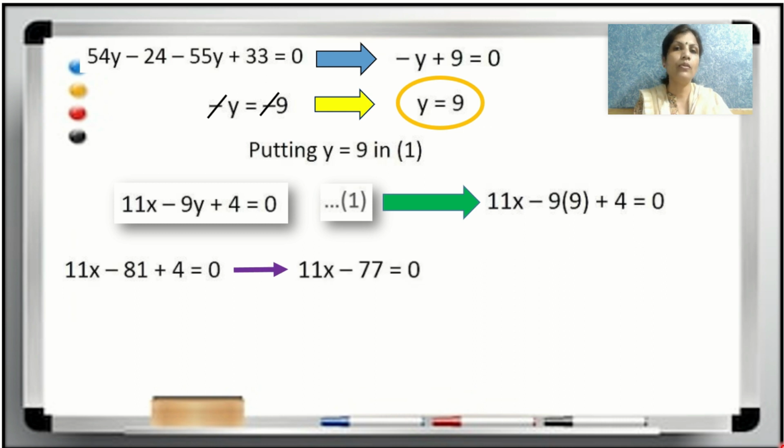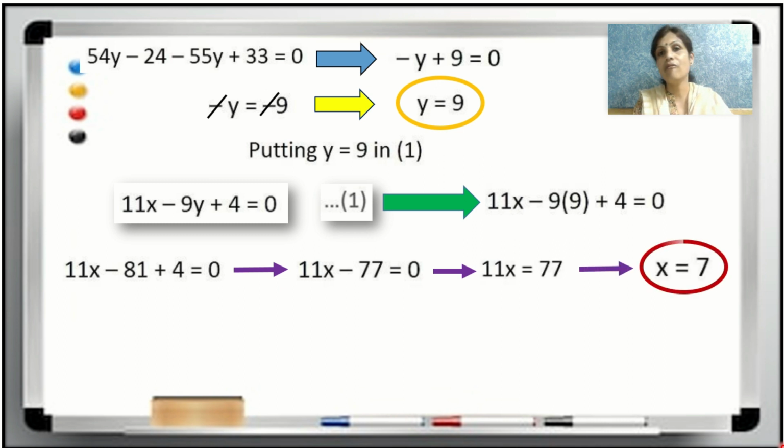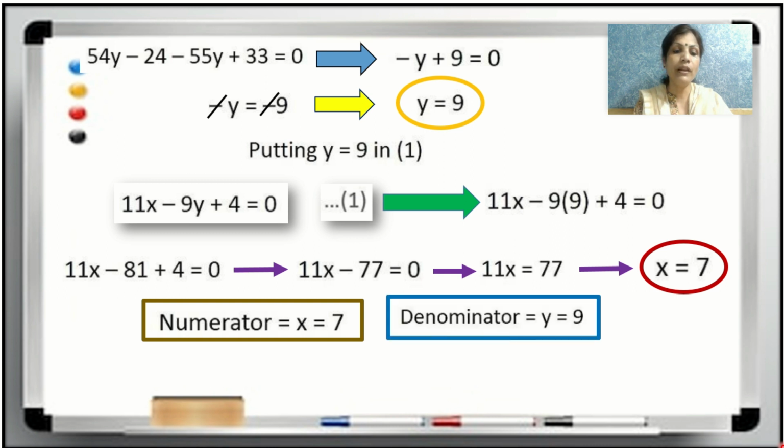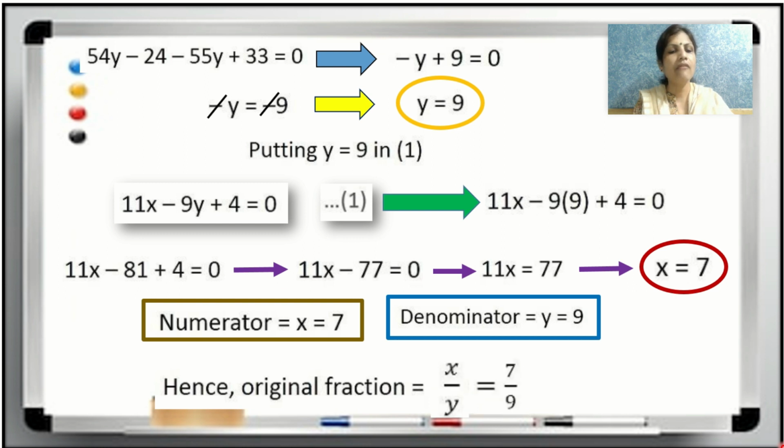We get 11x = 77, and so x = 7. The numerator, which we considered as x, is 7, and the denominator is 9. So the fraction will be x/y = 7/9.